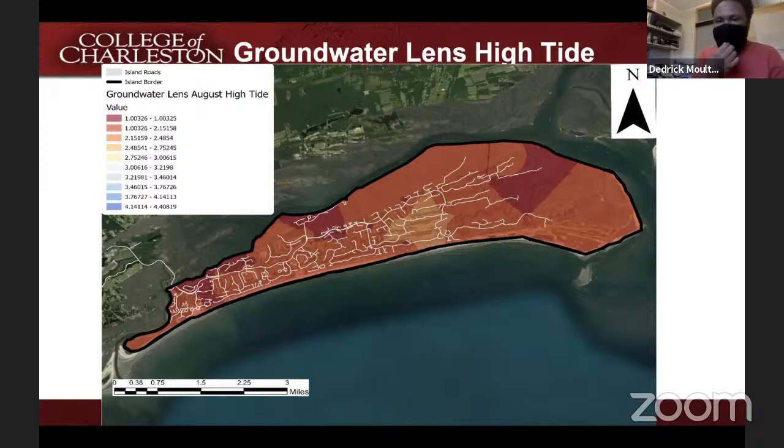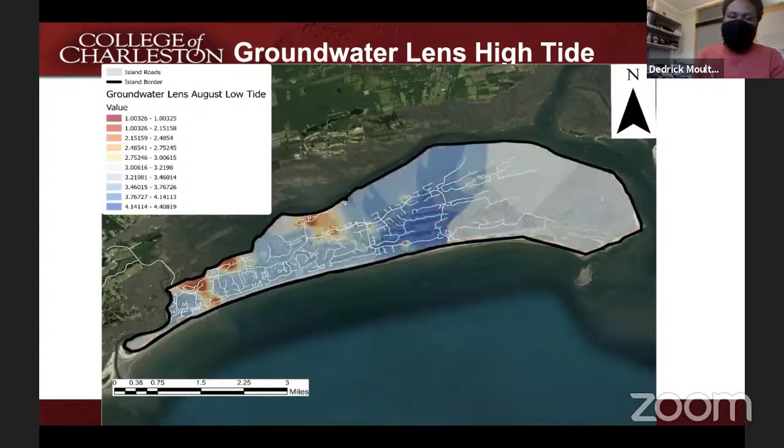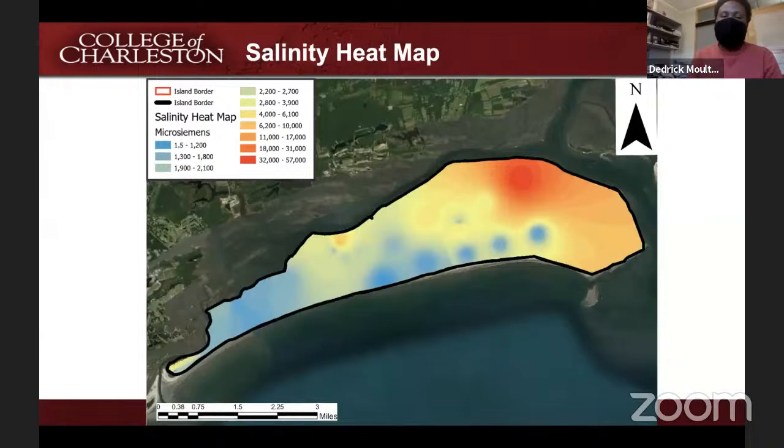What you'll see in this high tide model is that during high tide, the underlying tides force the groundwater table vertically and compress it. If you look at low tide, you're not seeing that compression. That gives further indication that the groundwater lens itself is being affected tidally. I'll show that in another way a little bit later.